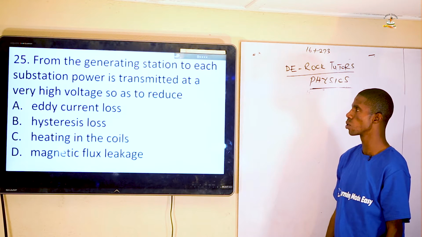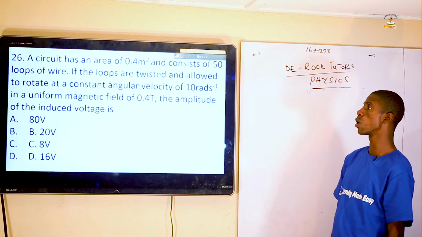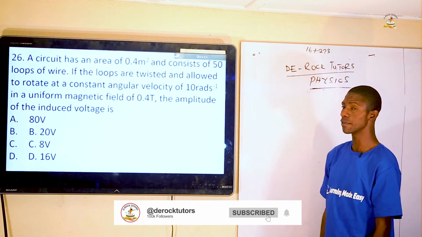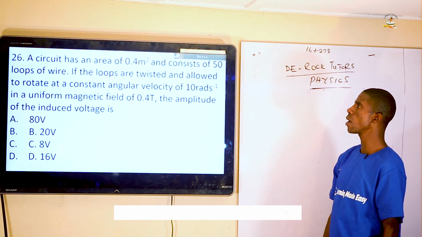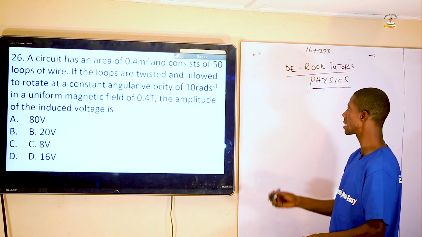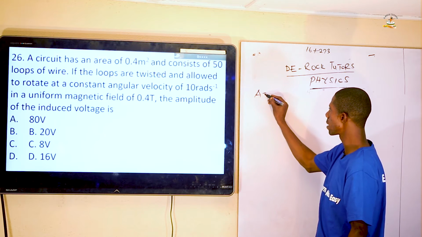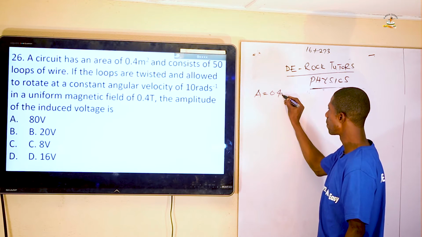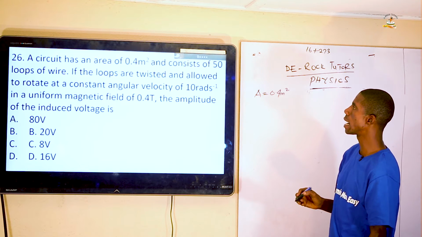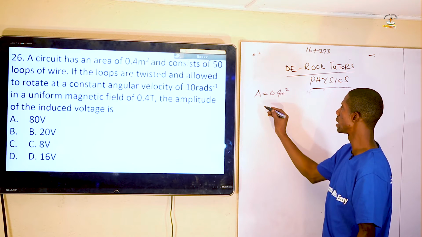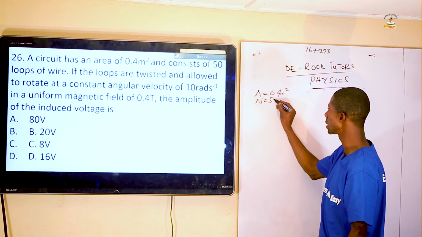So the next question goes: a circuit has an area, let's have the parameters written down, area is 0.4 meter square and consists of 50 loops. That's the number of loops, 50 loops.